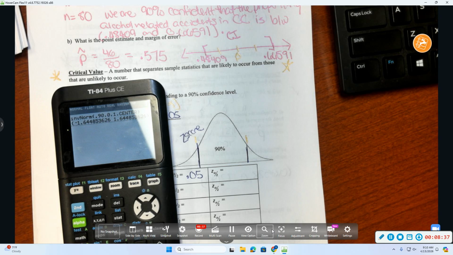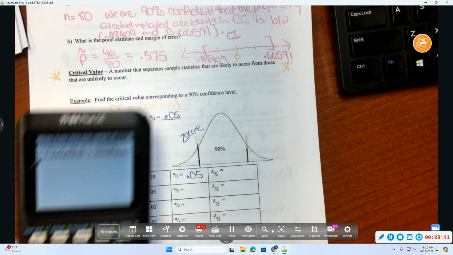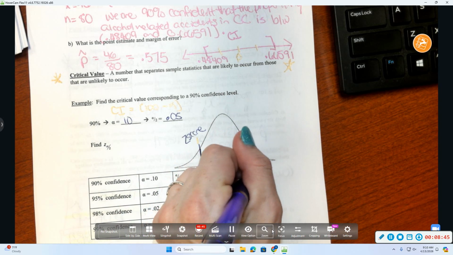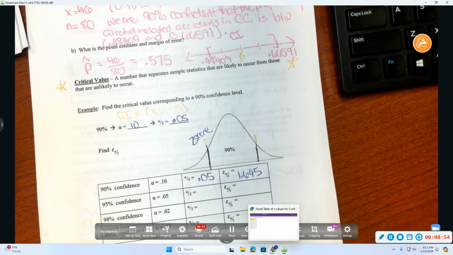And that gives you 1.645 to 3 decimal places.